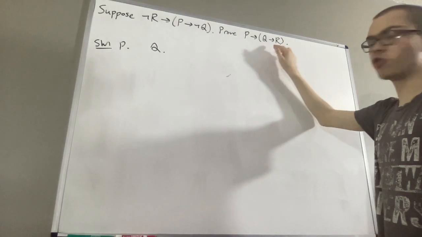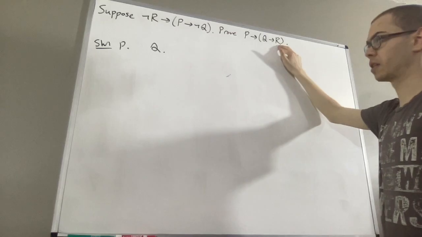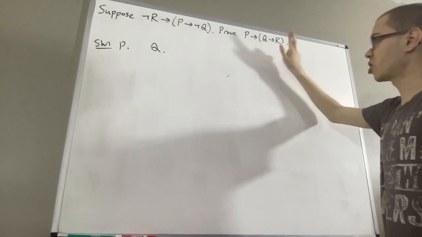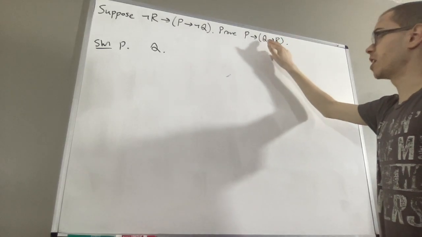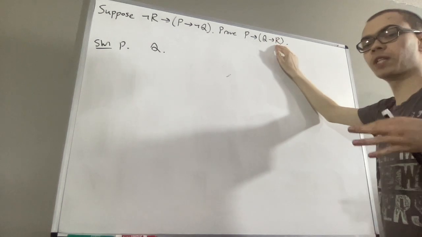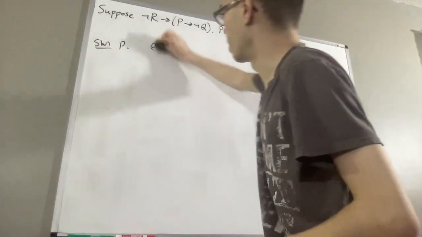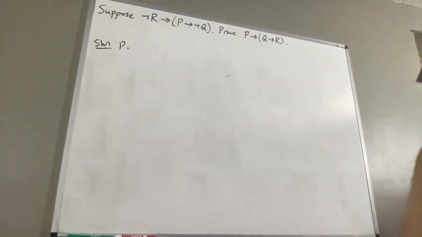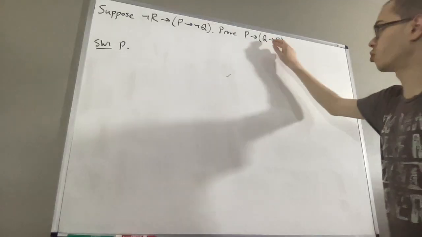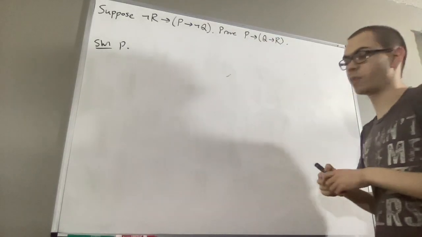One technique is we could try to prove the contrapositive of the statement, right? The contrapositive tells us that if Q, then R is equivalent to saying if not R, then not Q. So let's take a step back. To prove if Q is true, then R is true, we're going to try to prove its contrapositive.